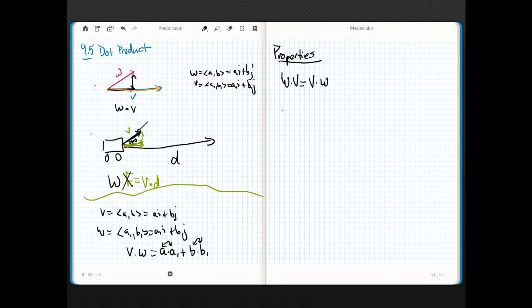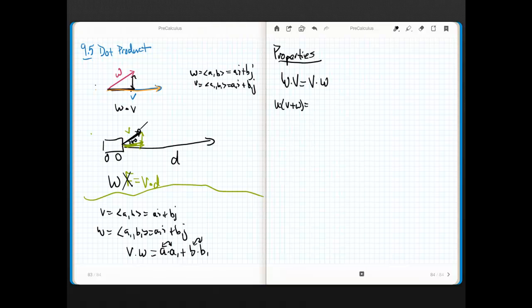Now, if we have commutativity, what's wrong with me? If I go, don't think of this as the unit vector, just think of it as another vector named U. If I go U times V plus W, you can probably imagine what happens here. We end up with a distributive property. So this is not times, it's dotting.